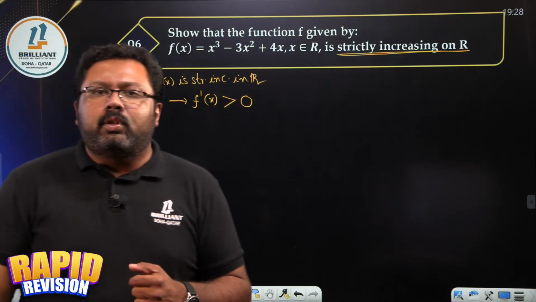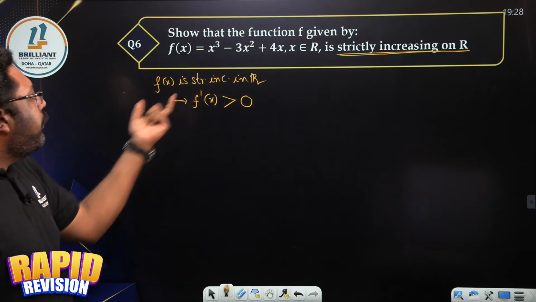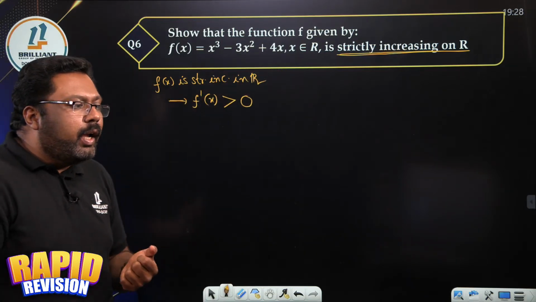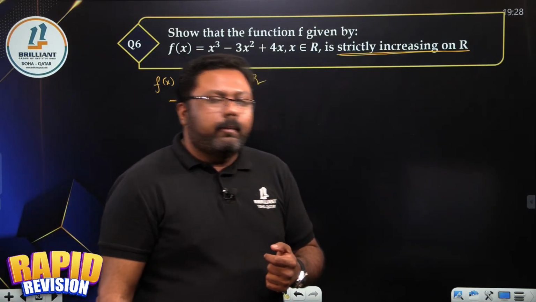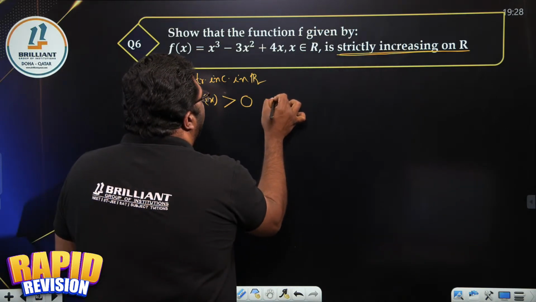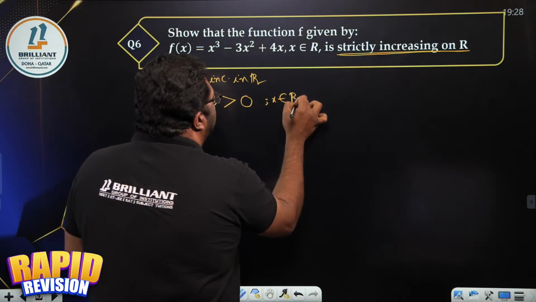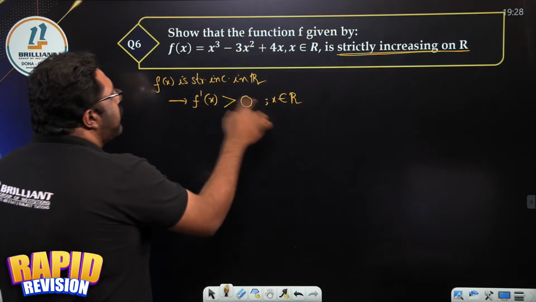It's a very good condition to study for MCQ also. What is the condition to remember if f of x is strictly increasing in R? f dash of x is strictly greater than 0, for all x that belongs to real numbers. Let me see. What is the meaning of this?